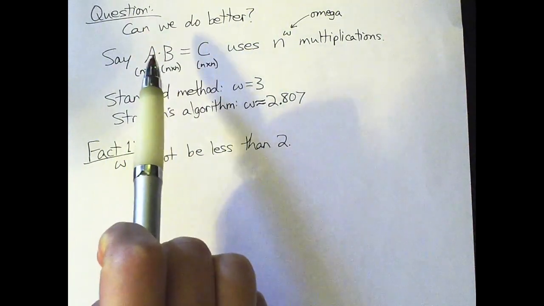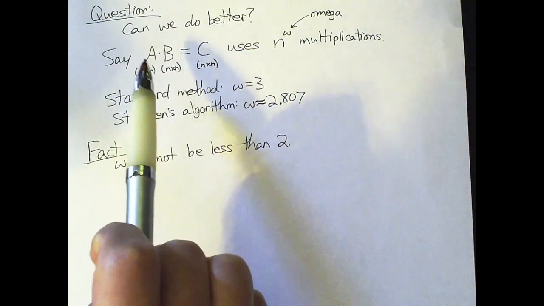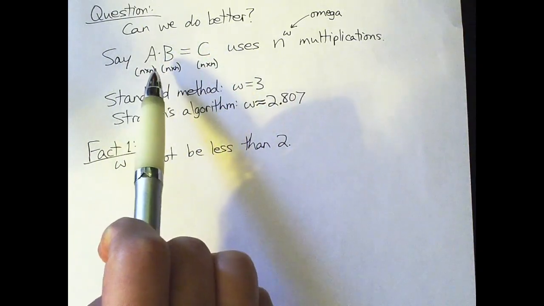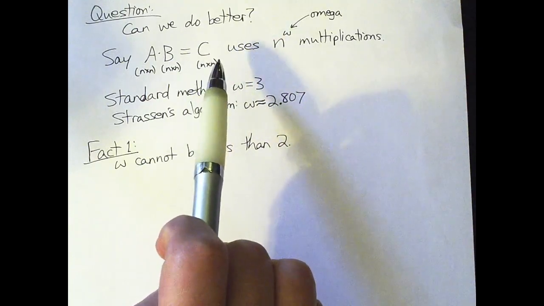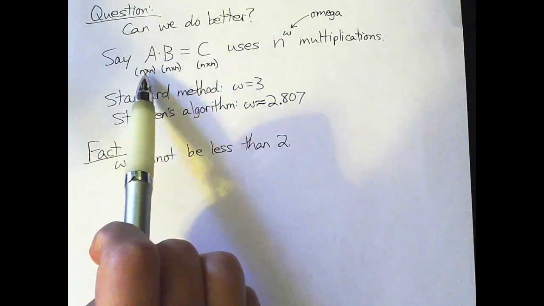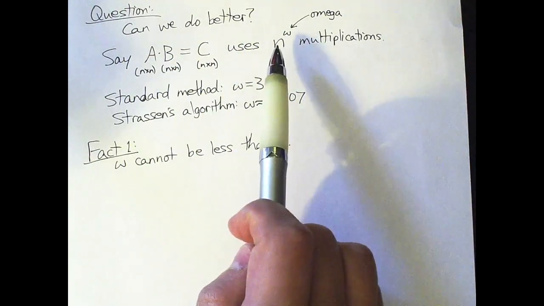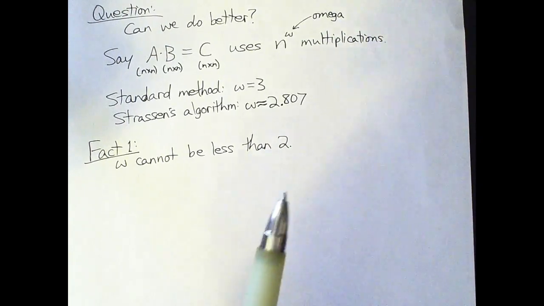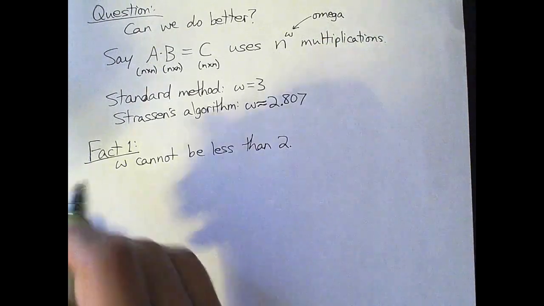Well, I guess you would say that if you considered all the entries on the left-hand side, there are 2n squared inputs. And on the right-hand side, there are n squared outputs. And because this is 2n squared and this is n squared, we need at least n squared multiplications because of the number of inputs into this algorithm.